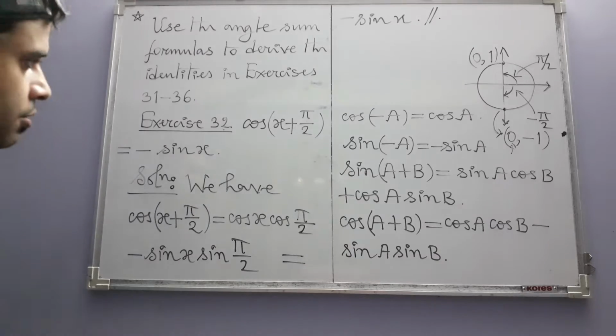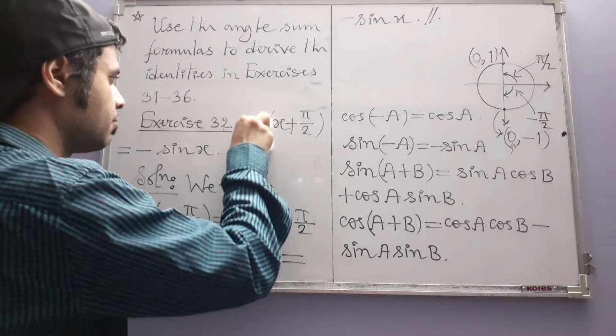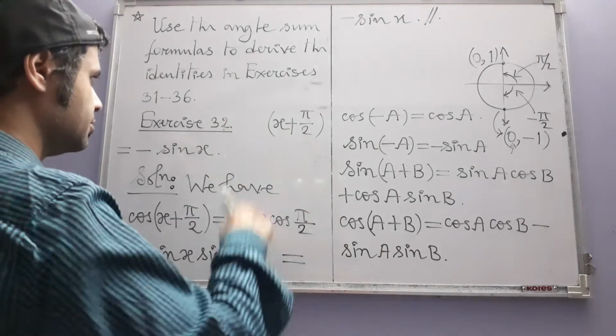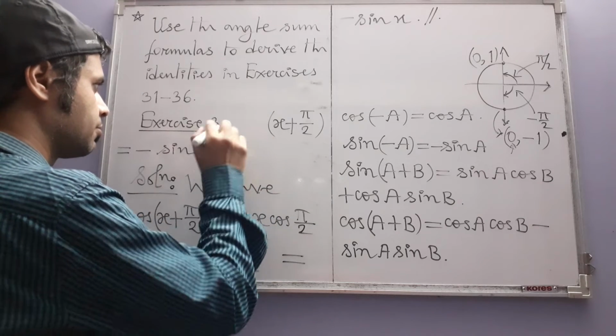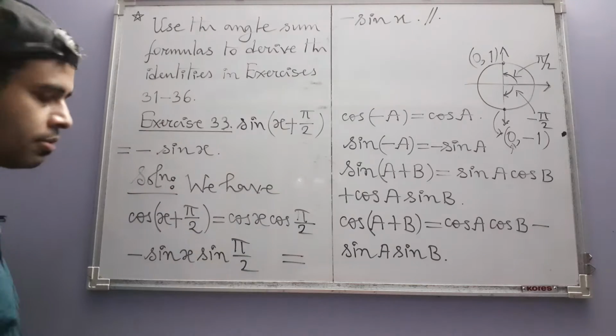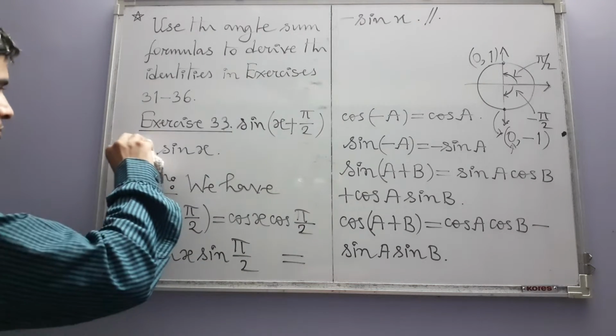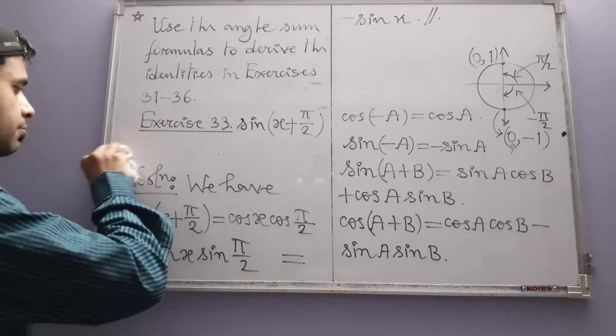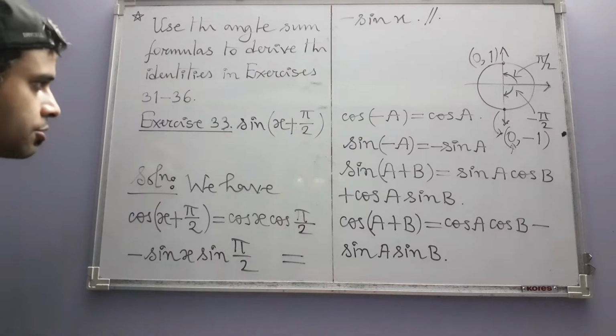And what is the identity? The identity is this. This is now equal to cosine of x.